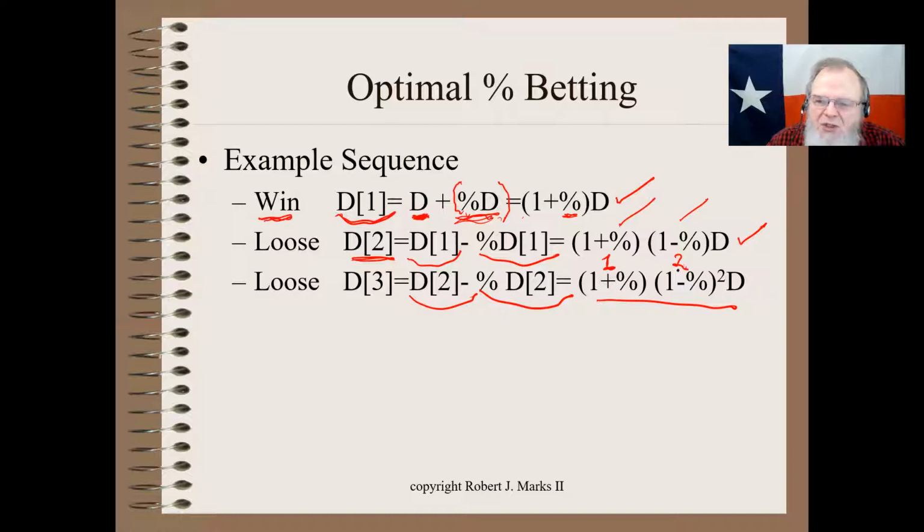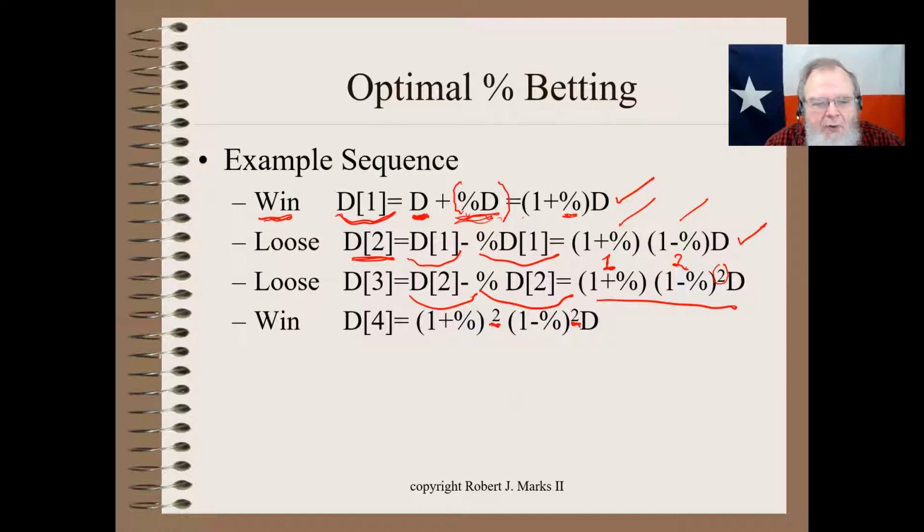And if we have a loss, we raise this to another power. We have two losses, so this is raised to the second power. So we begin to see a pattern there. And then if we win again, I think you can see what happens. We have two wins and two losses. So both of these terms are to the second power. So we're well and good.